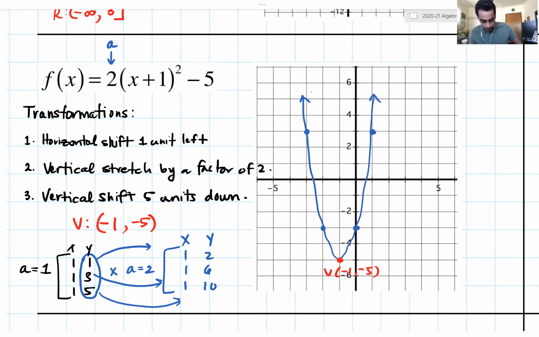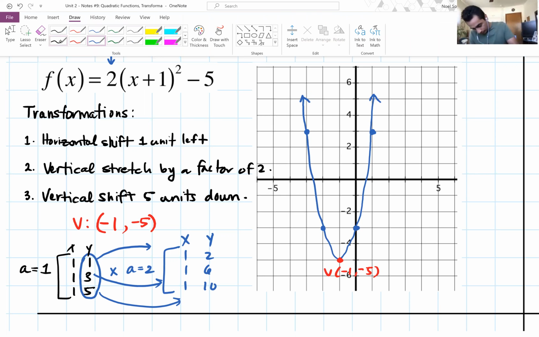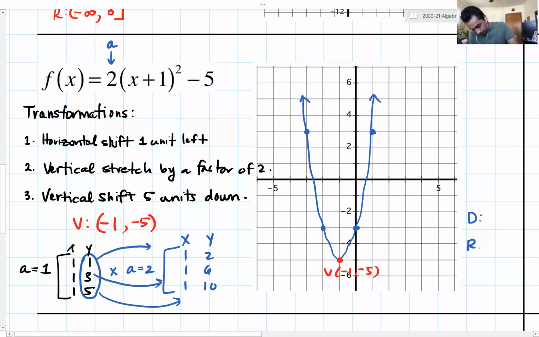All right, so finally, domain and range. What can you tell me about domain? It's your favorite phrase. Nice and easy, all real numbers. And the range, minimum to maximum, how could we indicate that? Let's look at the minimum.